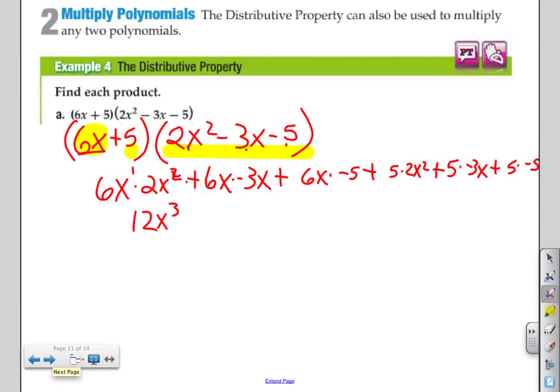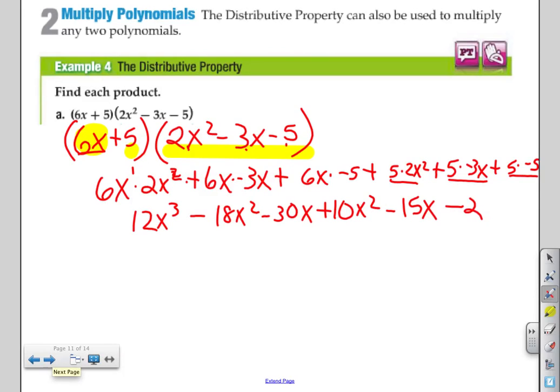So that's going to be 12x to the power of 3 plus 6x times negative 3x will be a negative 18x squared, and 6x times negative 5 will be negative 30x, and 5 times 2x squared will be plus 10x squared, and 5 times negative 3x will be negative 15x, and 5 times 5 will be negative 25. Okay, we got it to be a little shorter.